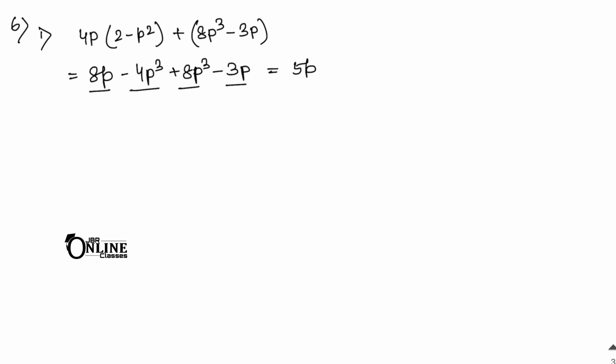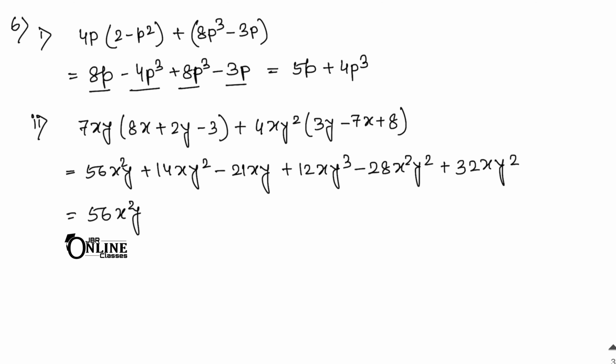So now first write down here 56x square y. Okay. Then next one as here 14. So here 14xy square. Clear? And here also 32xy square. So 32 plus 14, it's 46xy square.